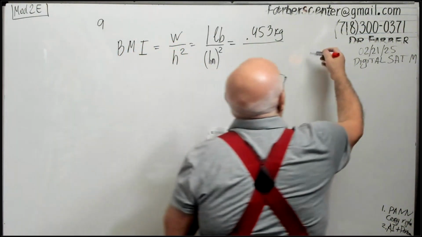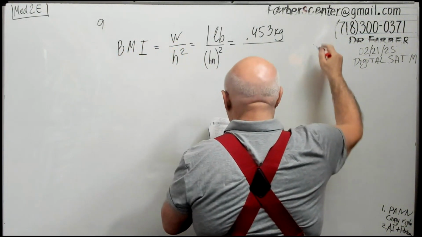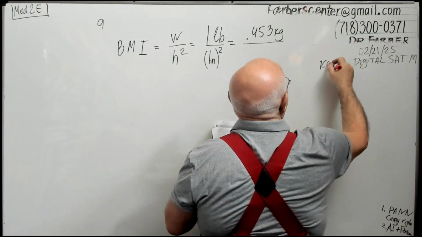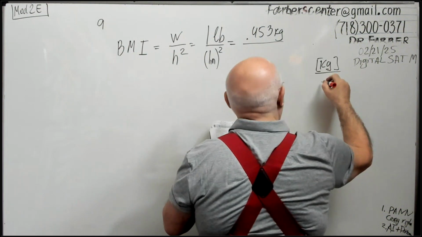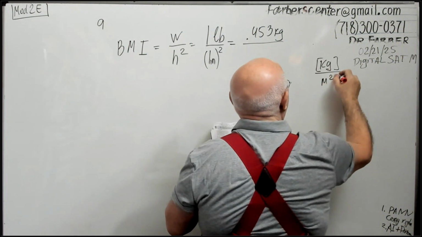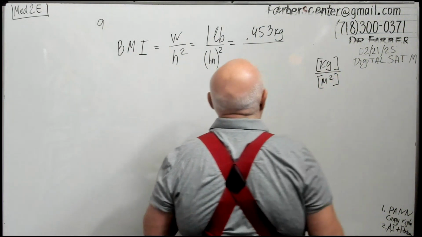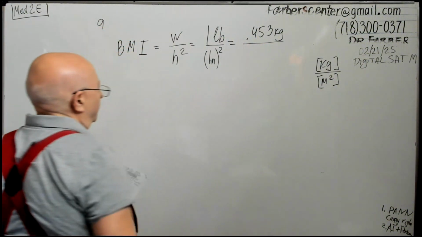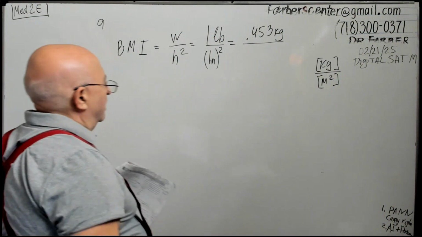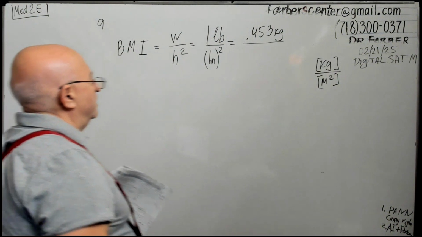What is your goal? Ideal final result. Your goal is kilograms to meters to the second. Always remember about your goal. 2.54 centimeters, and in 1 meter we have 100 centimeters, right?